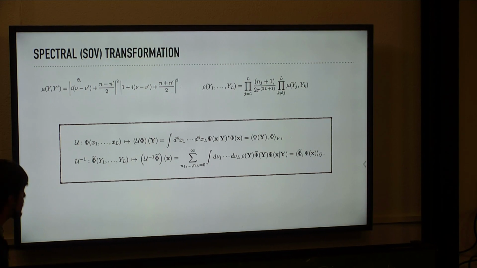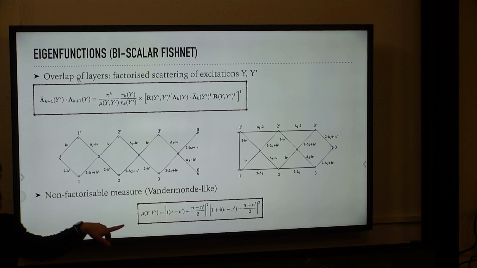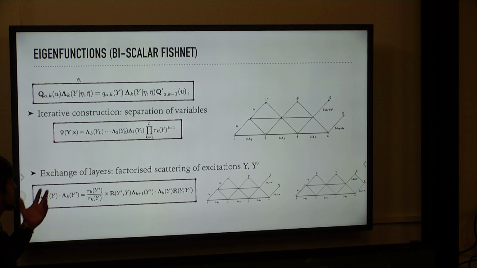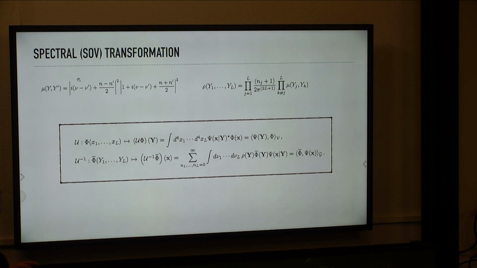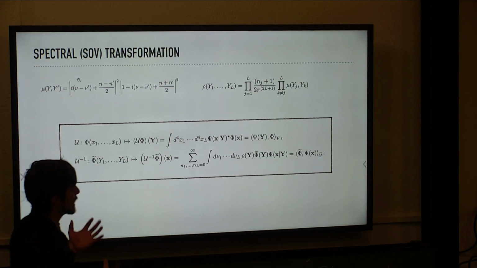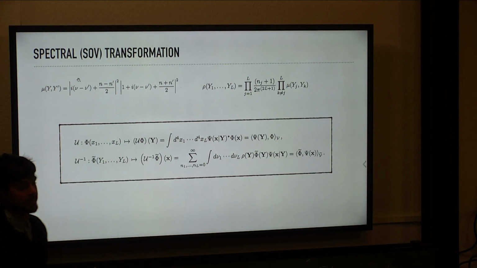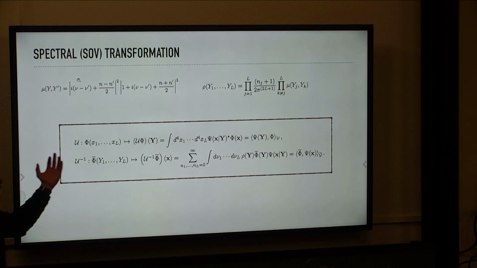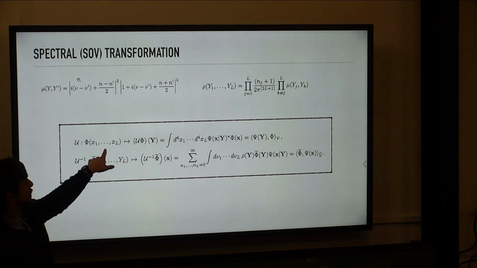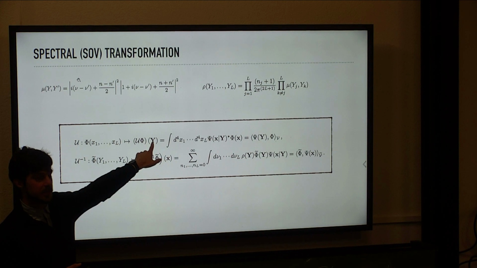Okay. So the answer to the question by Volodia is that we have orthogonality and completeness. Completeness is conjectural beyond length 2, but it's just because you should make a very cumbersome computation, but it will work. And so you can write a transform where you go from the space of coordinates to the space of excitations.